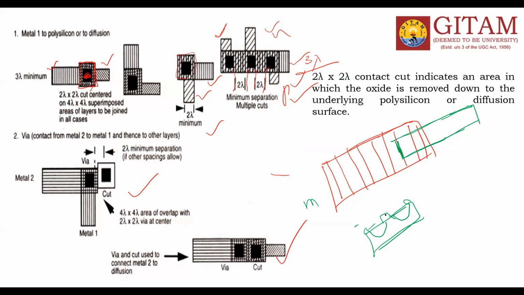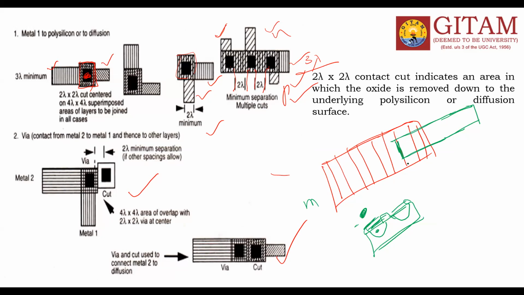To make the contact between this metal and this source, or diffusion, in between there is an oxide. So you need to remove that oxide, and it is filled with some metal.